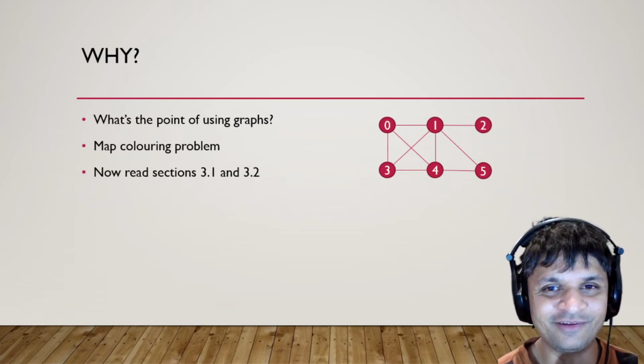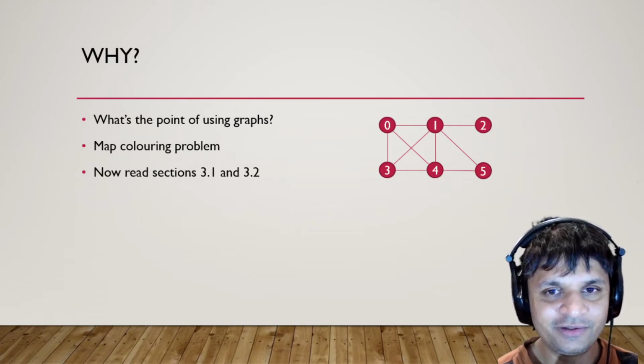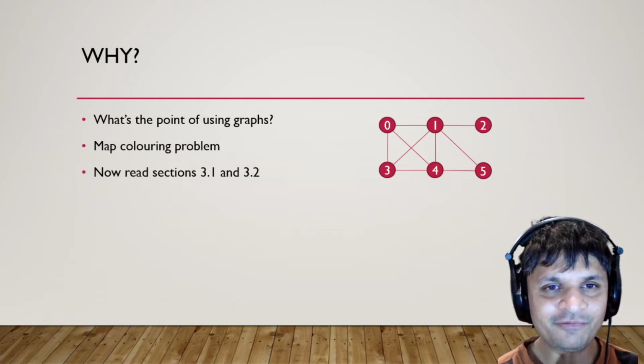So we've got these nodes and edges, and what we want to do is we want to color the nodes using as few colors as possible, such that the adjacent nodes, meaning nodes that are connected by an edge, don't have the same color. Now that's fundamentally the same problem as the map coloring problem, right?